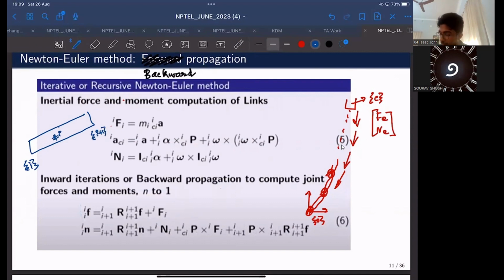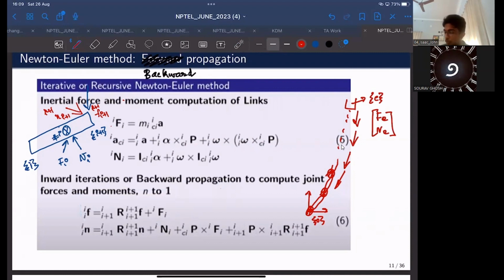At the center of mass, we have the inertial forces and the inertial moments. And at this end, we have the reaction forces contributed by the I+1 frame, Fi+1 with respect to I+1, and the moments Ni+1 with respect to I+1.